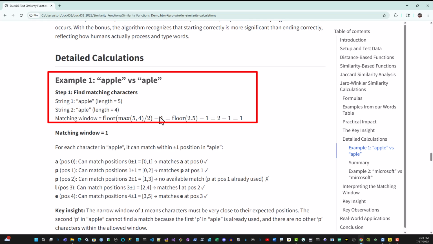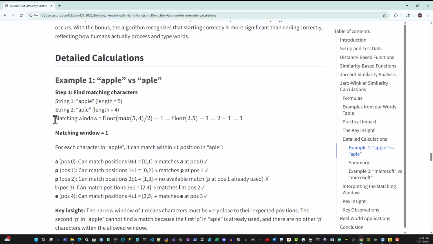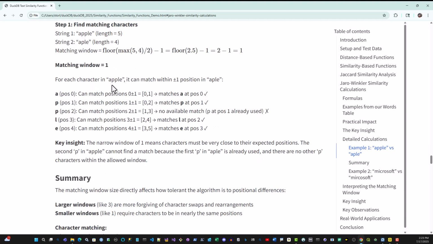So you're getting 2 minus 1 is 1, okay? So that's the matching window, they call it, okay? So for each character in Apple, you can match it with plus or minus 1 position in Apple. So in other words, when you compute this, it will count around these letters depending on that score up here.